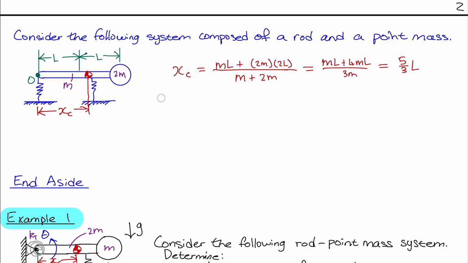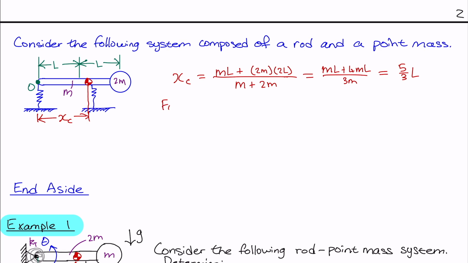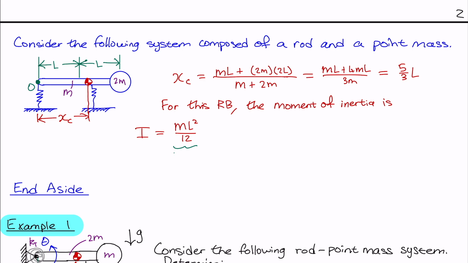So then, for this rigid body, which I'm just going to abbreviate as RB, the moment of inertia, we'll just write I is equal to first ml squared over 12. This is the moment of inertia for the rod about its center of mass.